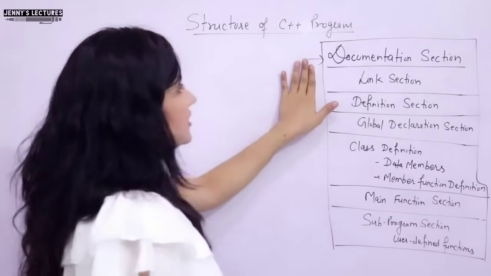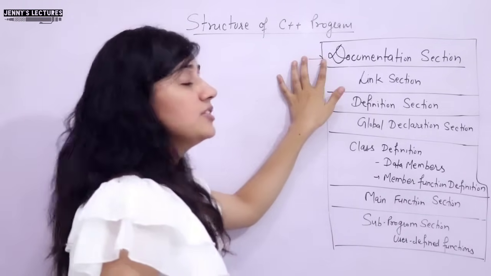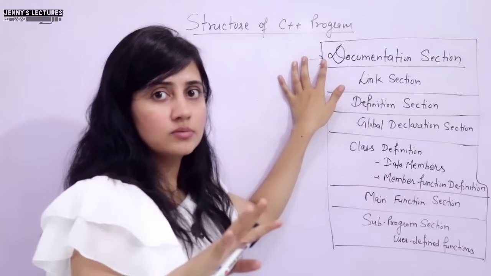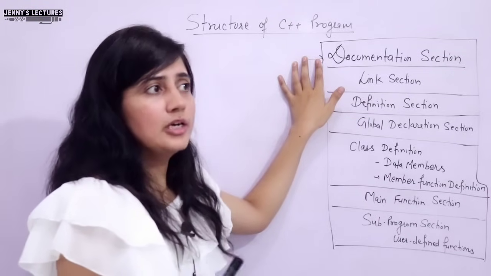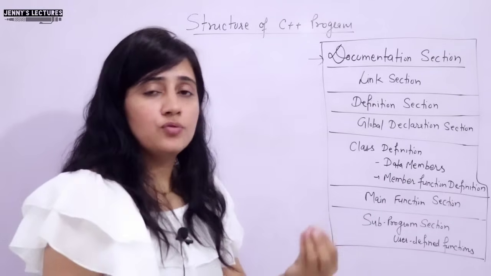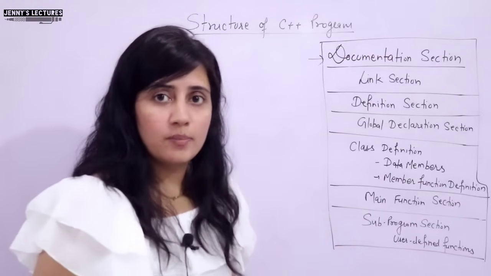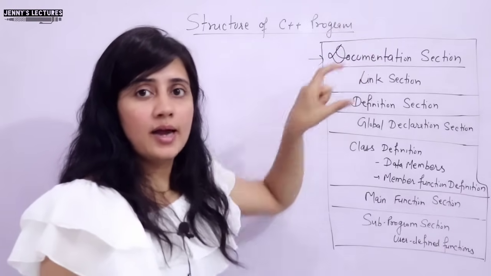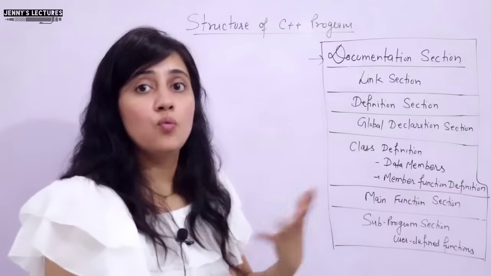Now, the first section is the documentation section. The C program also has this section. Here we generally include information about the program, like who is the author of the program, the date of writing of the program, and what the program is all about. Only by seeing the documentation section one can identify what this program is about.